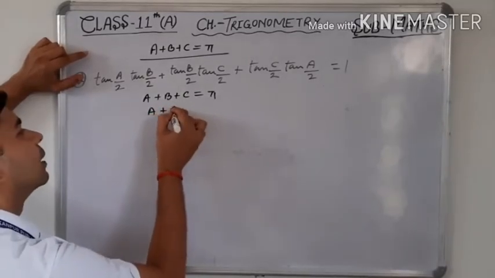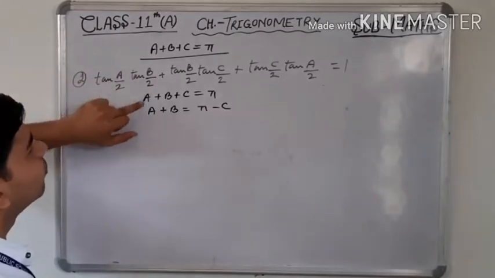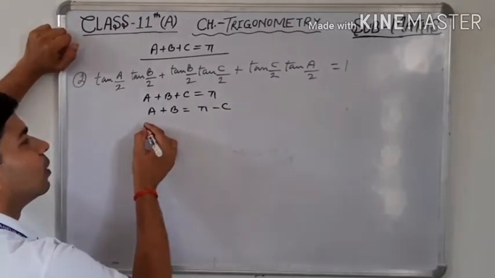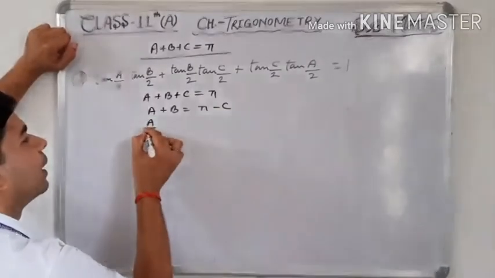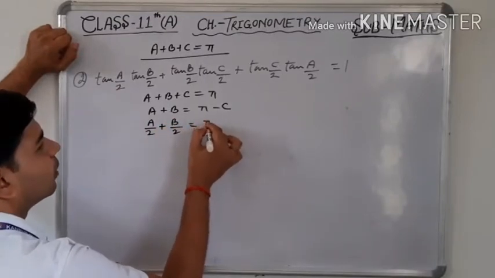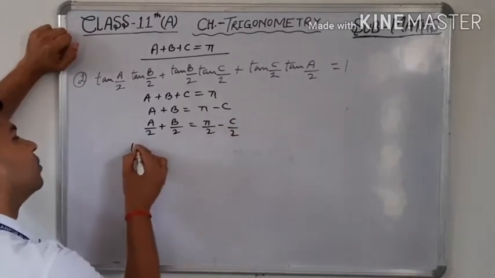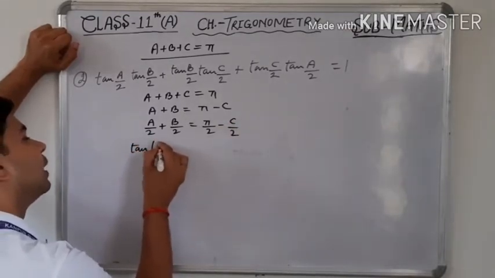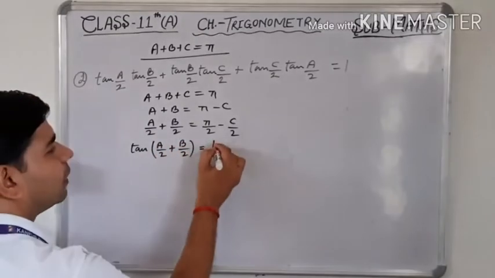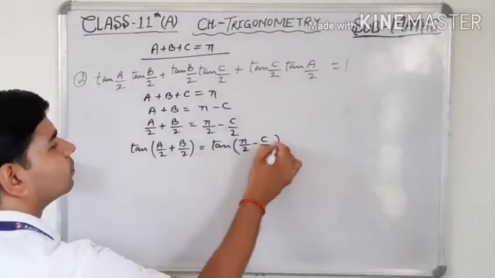A plus b equal pi minus c. Now the angles are a by 2, b by 2, c by 2. So divide this by 2 on both sides. We get a by 2 plus b by 2 equal pi by 2 minus c by 2. Taking tan on both sides, tan of a by 2 plus b by 2 equal tan of pi by 2 minus c by 2.